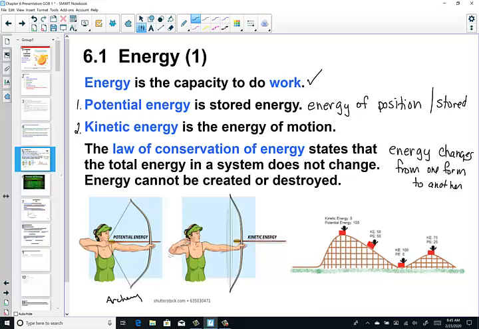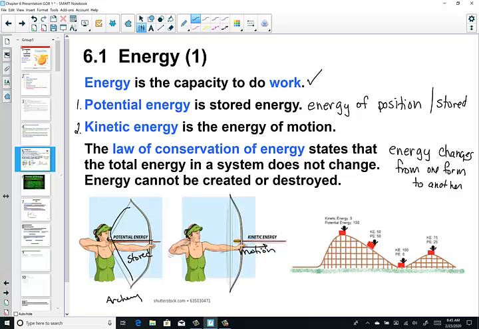And of course, when she releases that, you have that now in motion, all of this stored energy in the string being pulled back is then released and the arrow goes forward. So stored or position, and then of course the motion creates kinetic energy.